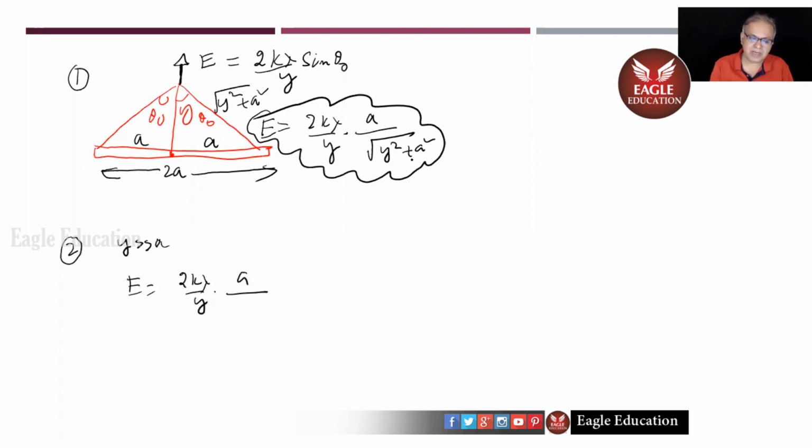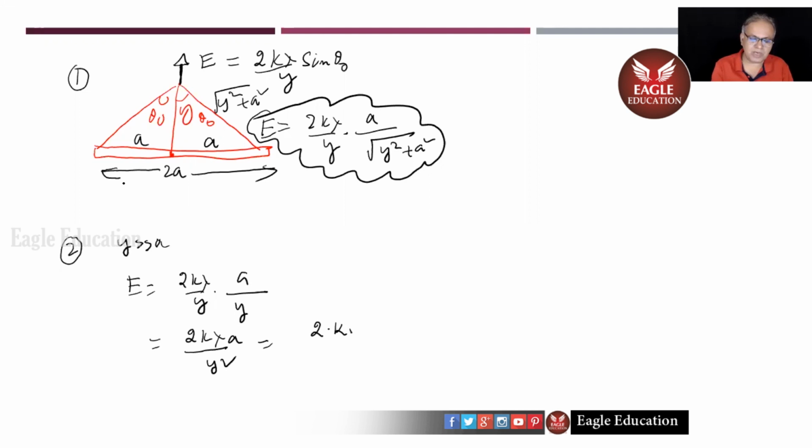This a is very, very small compared to y, so I can ignore it. What will I get? Root y square, with a put as 0, is y. So what do I get now? 2k lambda a by y square.